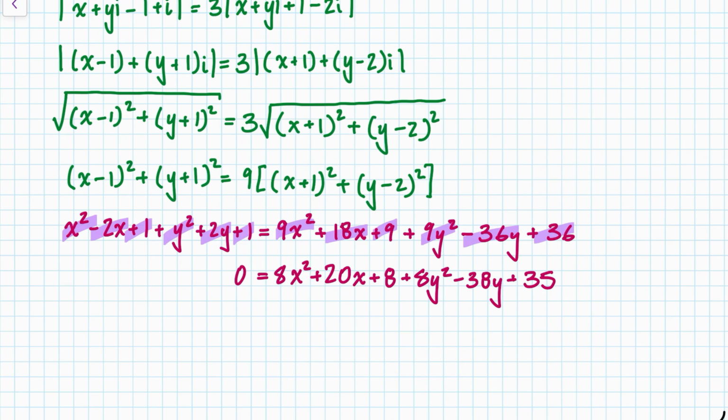Fantastic. So what I'm going to do now is divide through by 8, because it looks as though we're going to have a circle of some description here, guys. And the only way we can have a circle is if our x squared and our y squared terms are monic. So I'm going to factorize by 8.